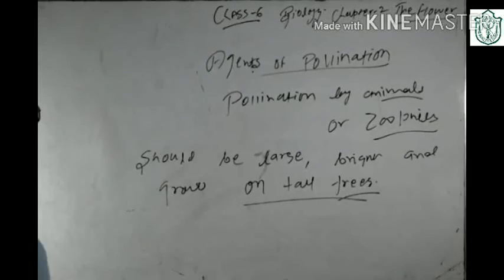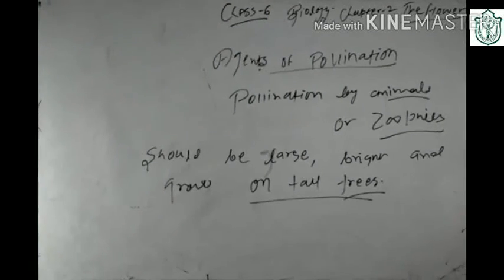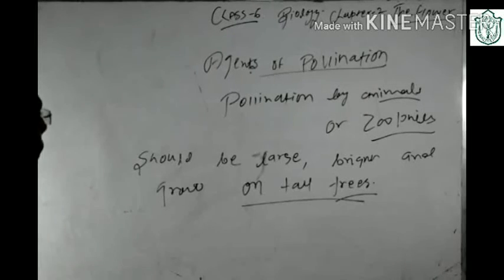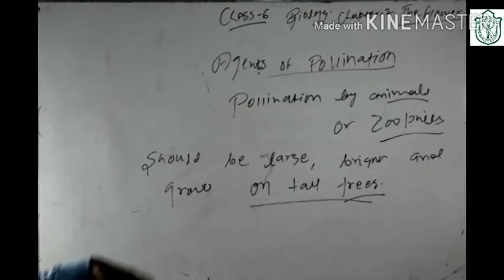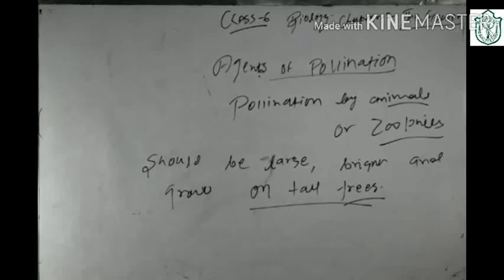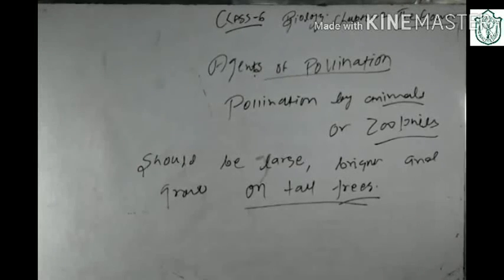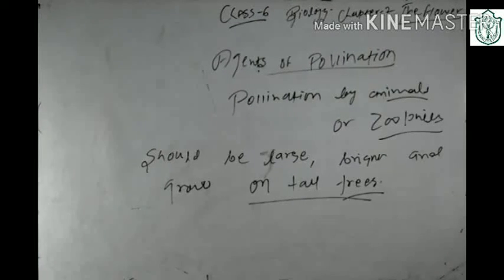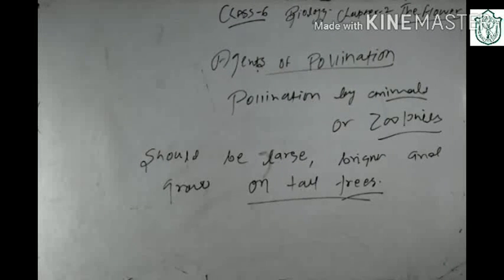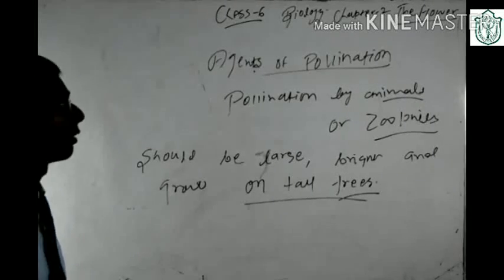We have discussed insect pollination, wind, water, and at last pollination by animals. In the next video, I'll make you understand fertilization, the chapter on the flower.